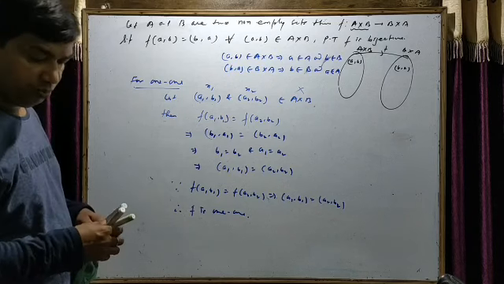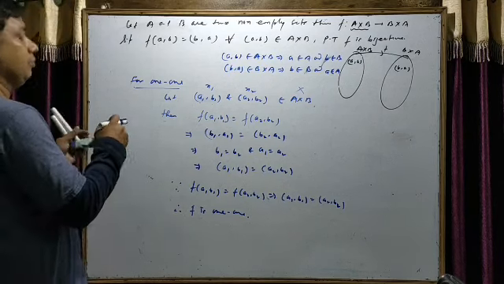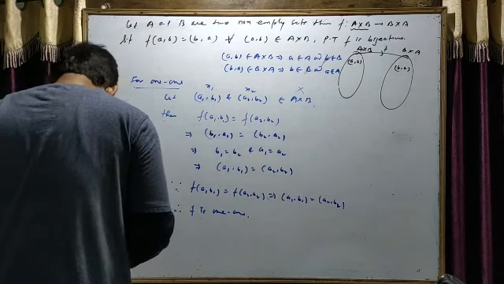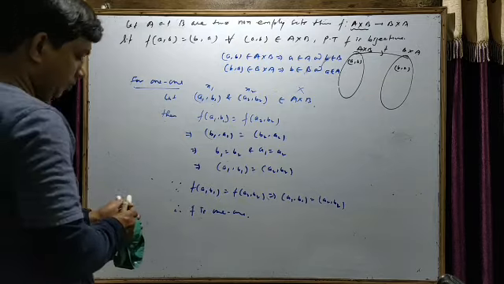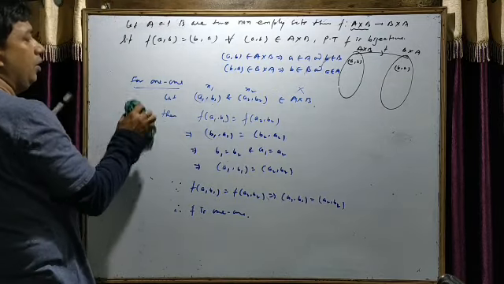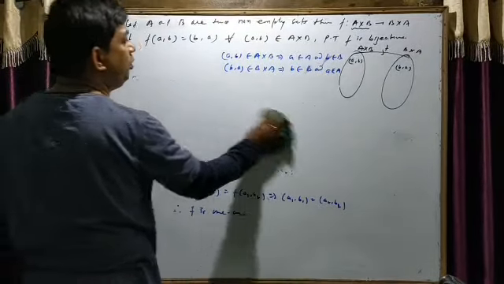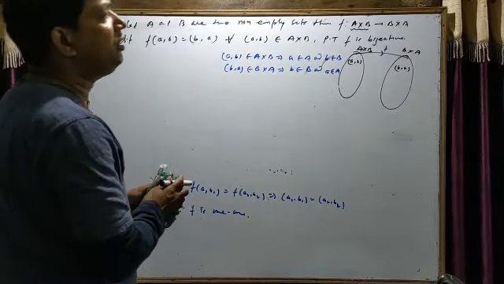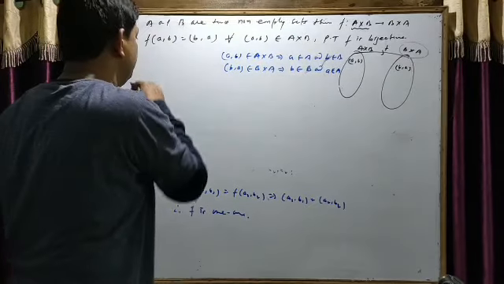Now we have to check how to prove onto. In order to prove onto, we have to take one single ordered pair from this set.